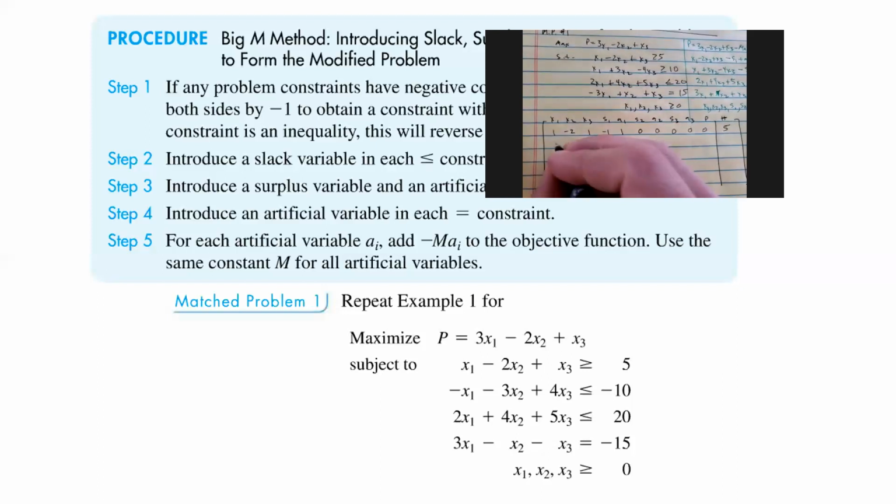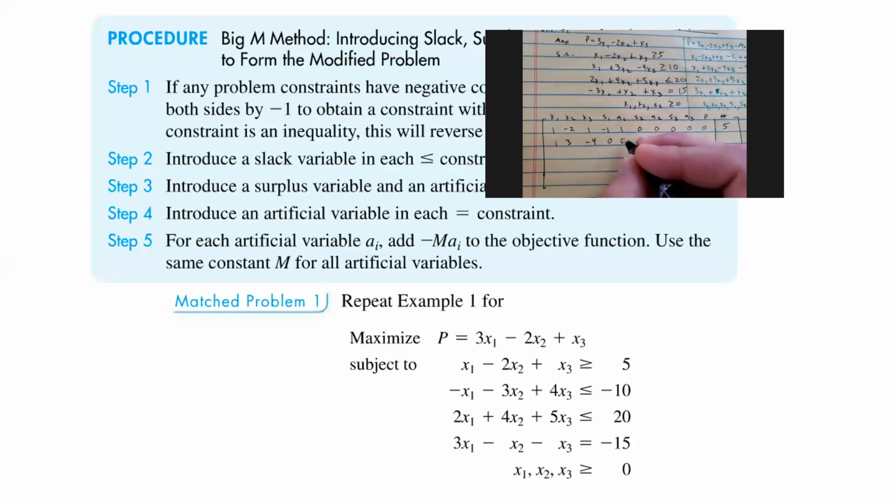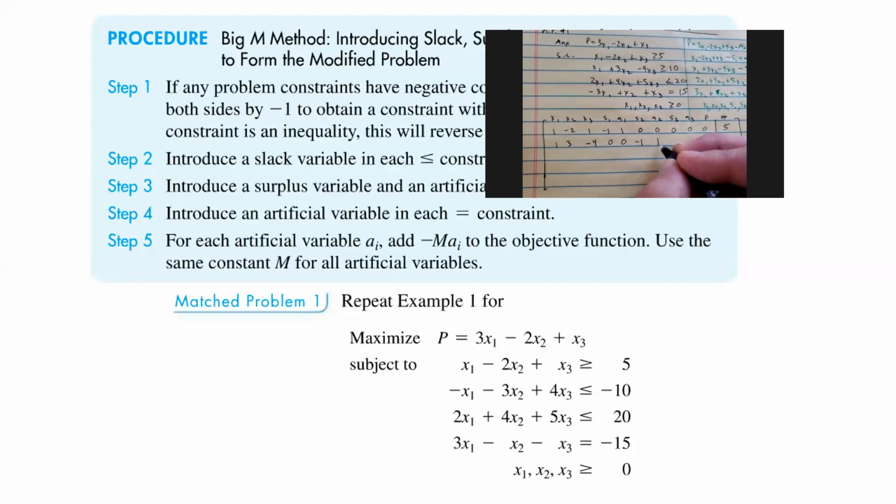And we should have 1, 3, negative 4, 0, 0, negative 1, 1, 0, 0, 0, and 10. And then here we'll have 2, 4, 5, 0, 0, 0, 0, 1, 0, 0, and 20.